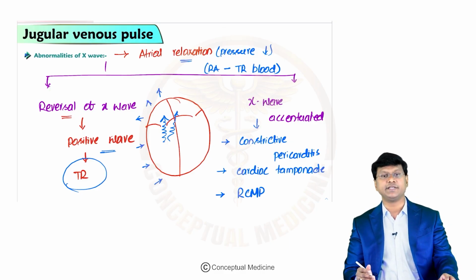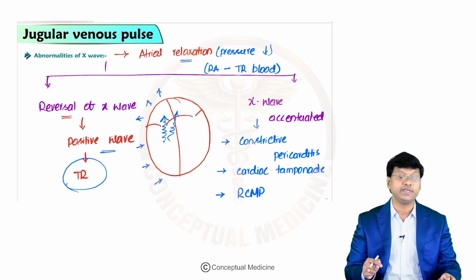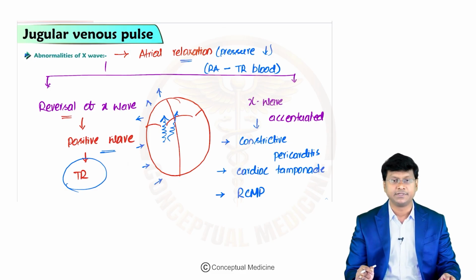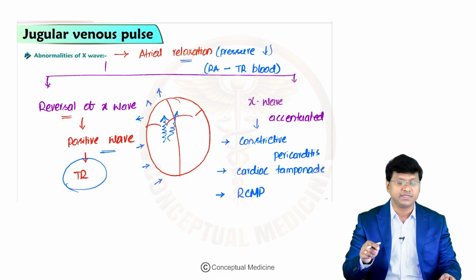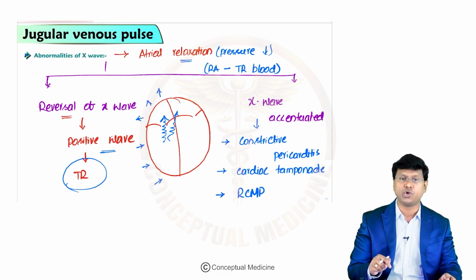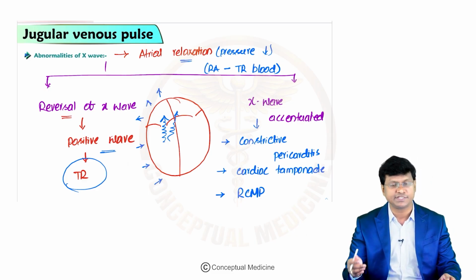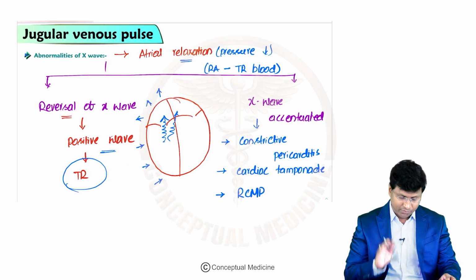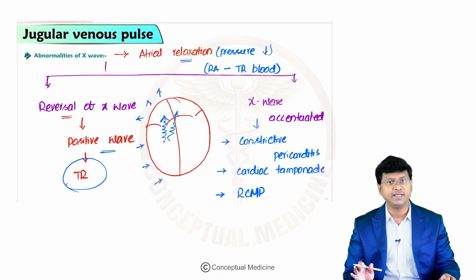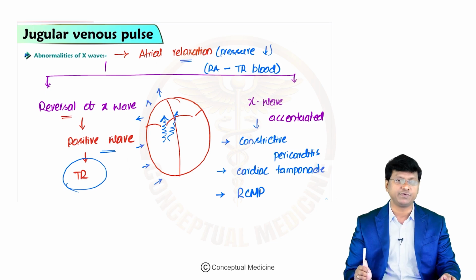That means the pressure fall within the atria is more than normal in all these scenarios. I will explain in detail all these scenarios in the respective conditions. So these are the abnormalities of the X wave.